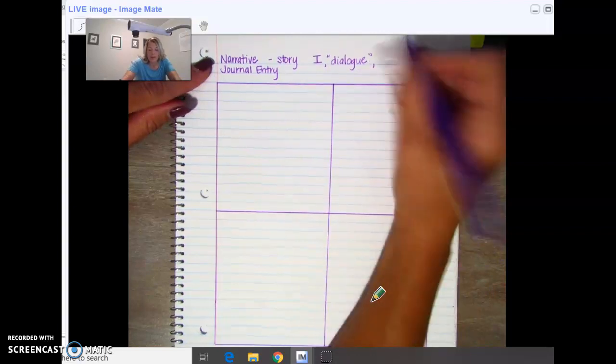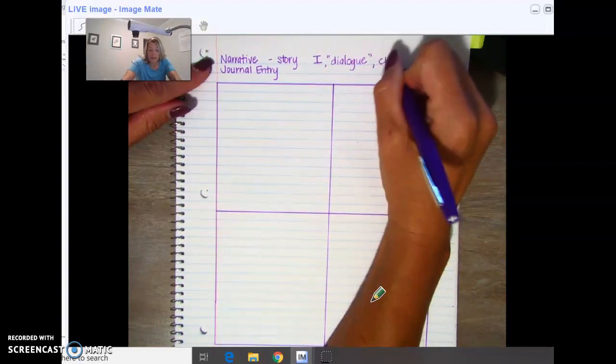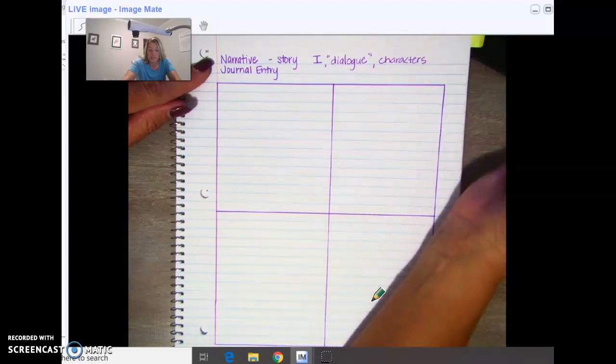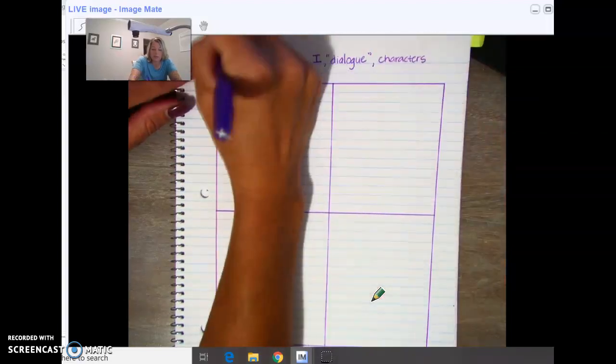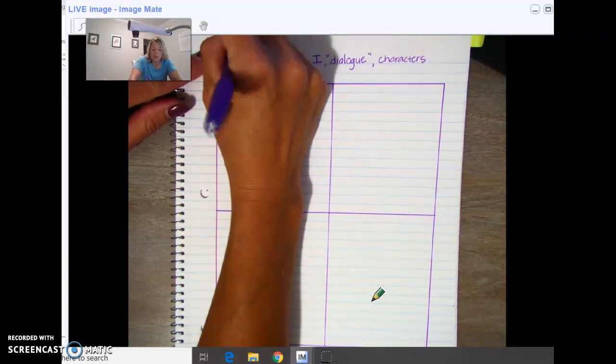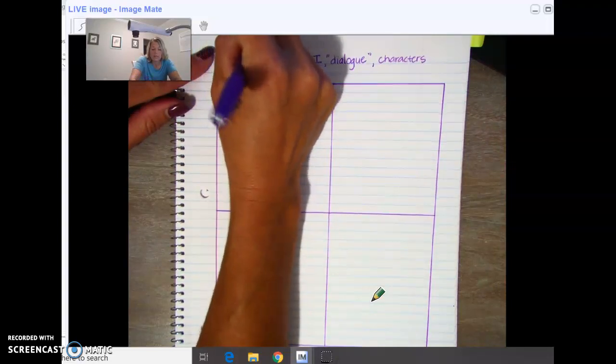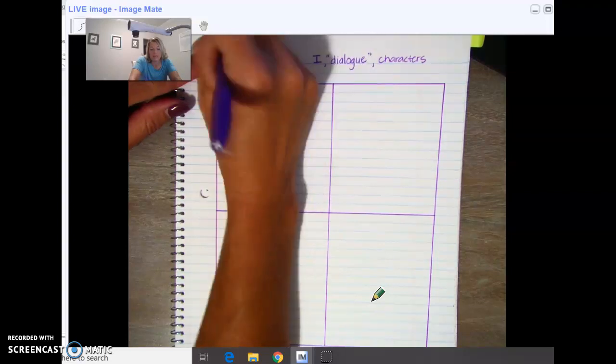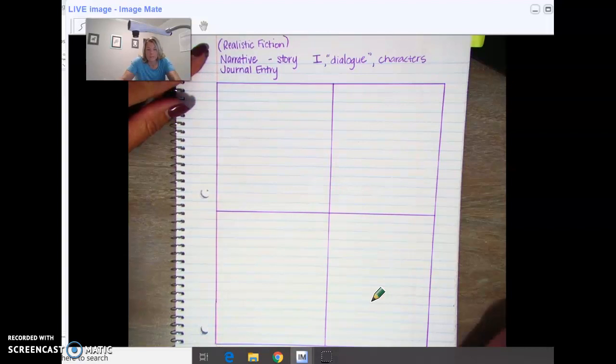It's okay to have other characters. So you're going to have people, and they can be fictional characters, because obviously, again, we're writing a journal entry, but it is a realistic fiction narrative. So we're not going to have fantasy situations in our story.